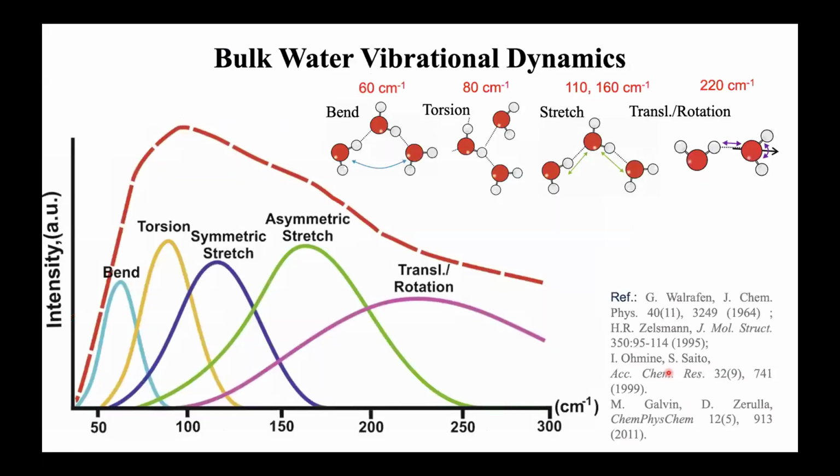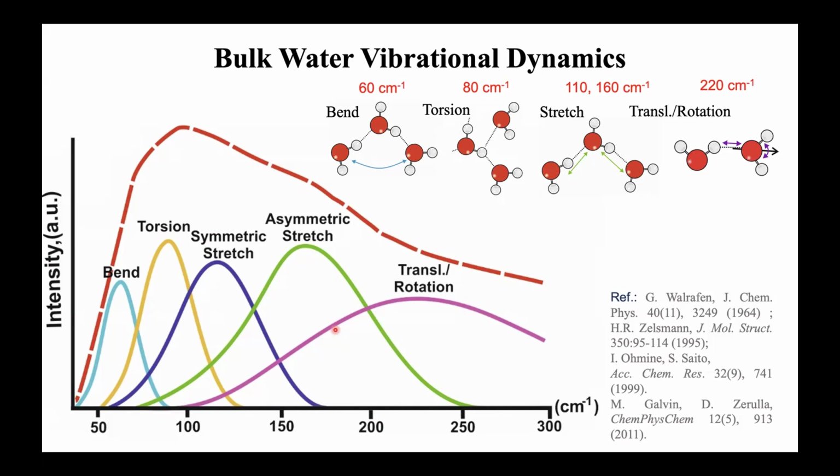Nevertheless, the known experimental data for bulk water show that in this spectral region, below 300 inverse centimeters, the translational vibrations of water molecules are observed, and the low frequency water spectrum can be presented schematically as on the slide. In this spectral range, several vibrational modes can be distinguished.